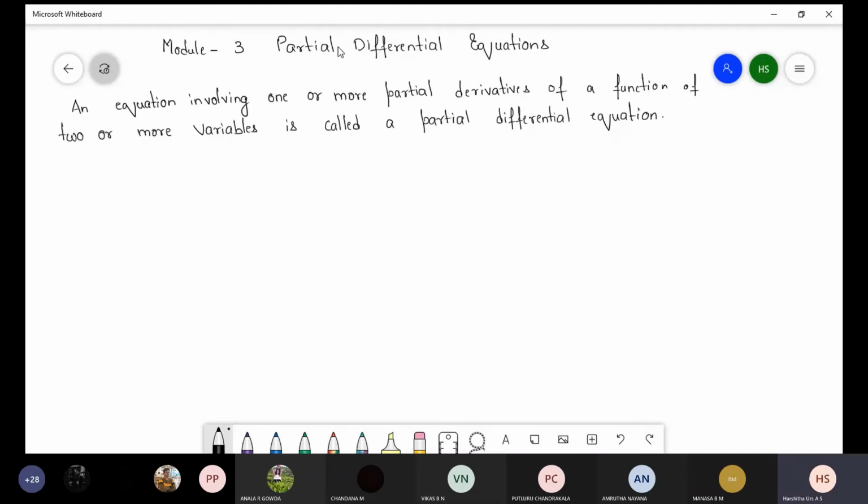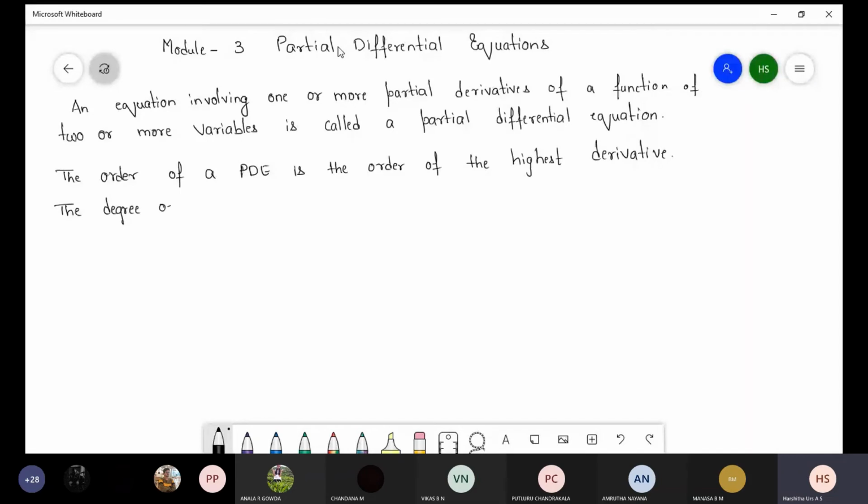So we know the partial differential equation, usually we denote it by dou x by dou y, or the symbol is dou. So now let us see the definition for the order. The order of a partial differential equation is the order of the highest derivative. Next, same thing, we can see the degree.